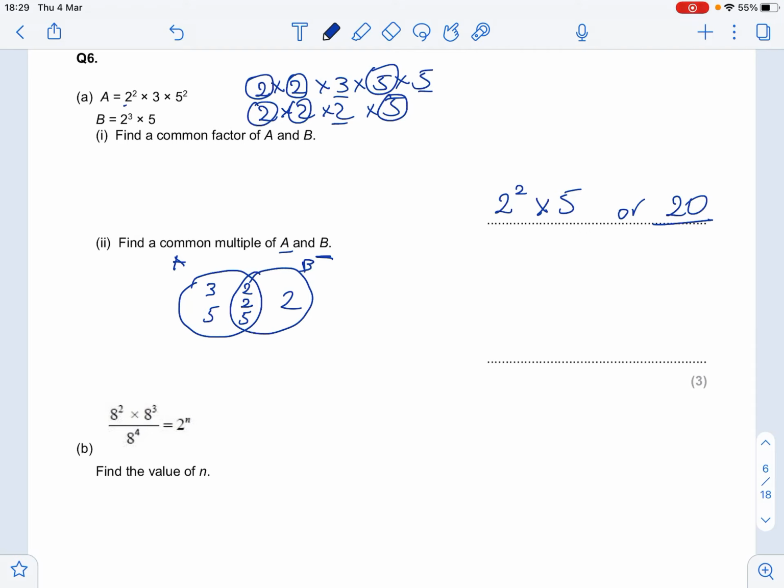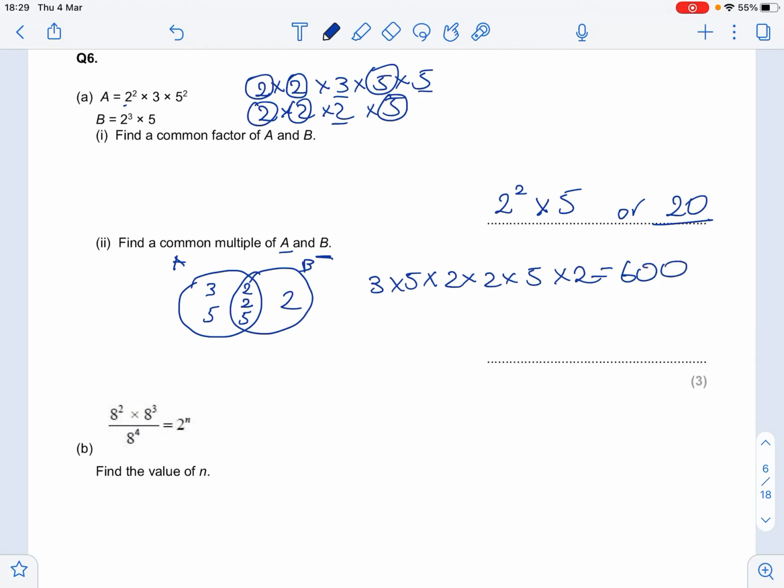So we have 3 times 5 times 2 times 2 times 5 times 2. This will give you 600.